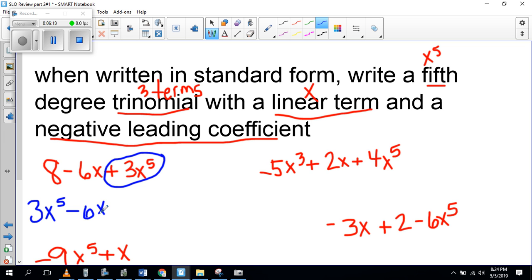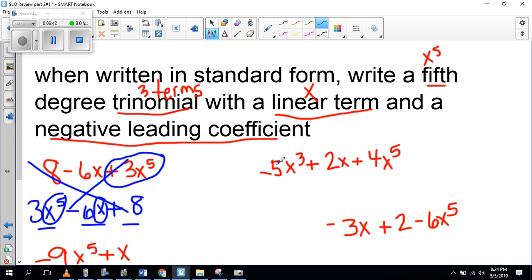And then plus 8. So let's look and see, do we qualify for that? It says write a 5th degree. So look, we got our 5th degree. We got 3 terms: 1, 2, 3. Do we have a linear term? Yes. And it says a negative leading coefficient. Well, I don't have a negative, so this one doesn't qualify.